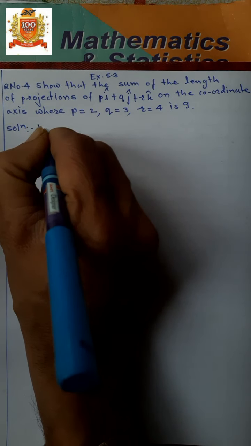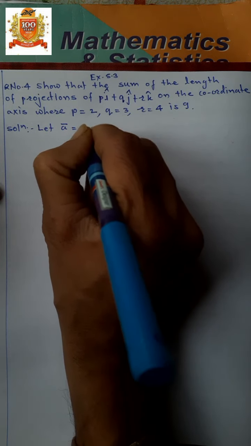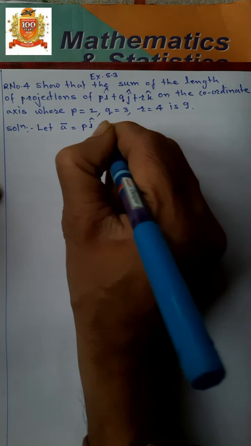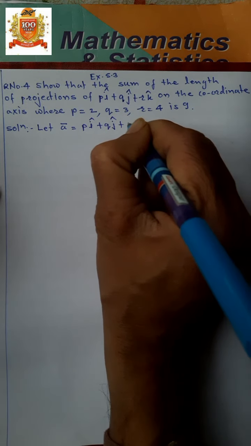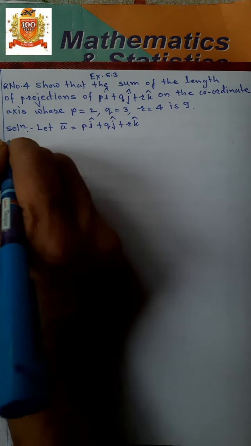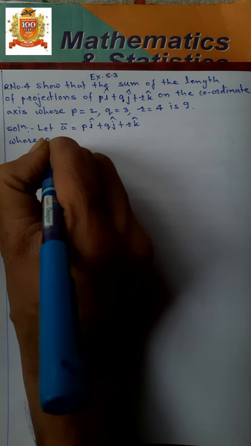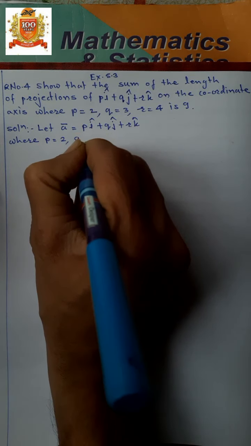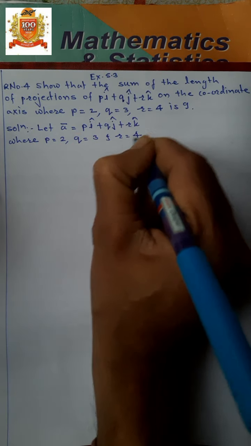Let a bar is equal to p i cap plus q j cap plus r k cap where p is equal to 2, q is equal to 3 and r is equal to 4.